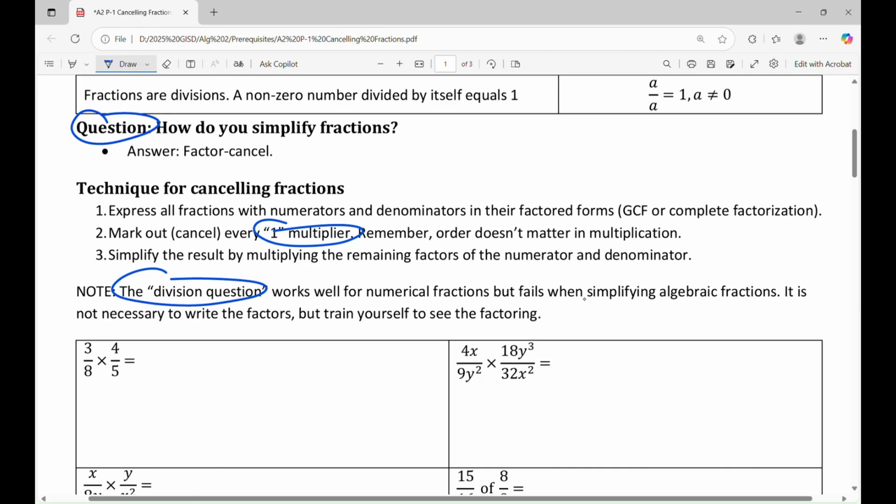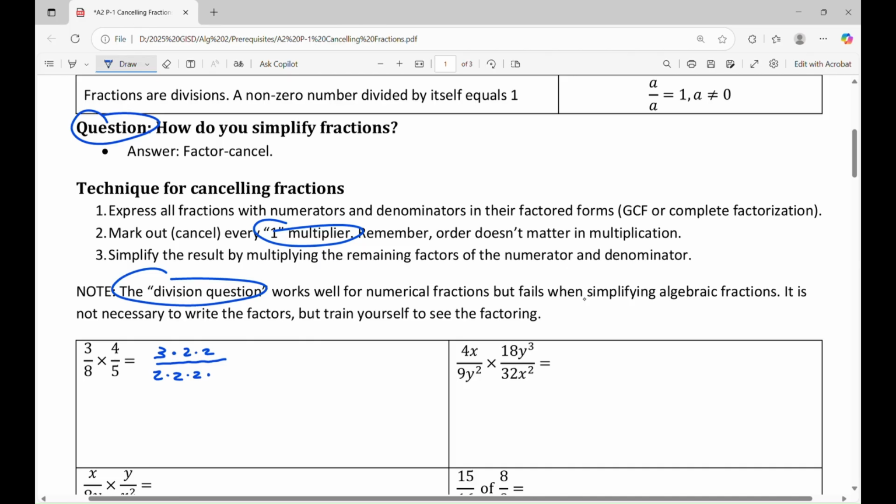So I'm going to call this top times top, bottom times bottom, and I'm going to combine a couple of steps. I'm going to say that's a 3 times, and I'm going to use the multiplication dot. But instead of calling that a 4, I'm going to call it a 2 times a 2. And then across the bottom, instead of calling that an 8, I'm going to call it a 2 times a 2 times a 2. That's the 8. 2 times 2 for 4, times 2 again for 8.